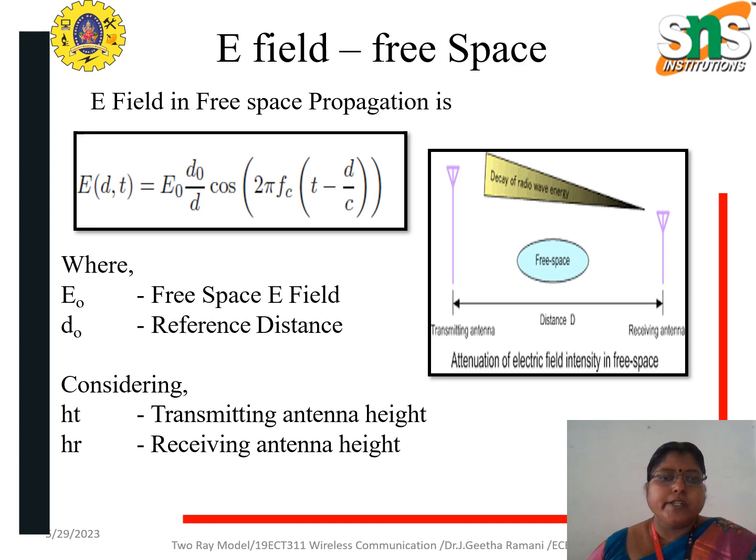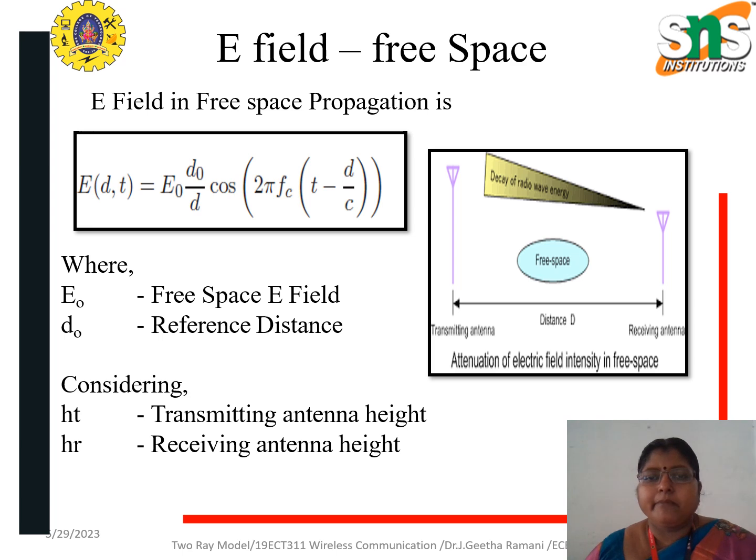In this equation, E naught is the free space electric field strength, d is the separation distance between your transmitter and the receiver, whereas d naught is the reference distance that we consider for the calculation. HT and HR are considered for framing this equation, where HT is the transmitting antenna height and HR is the receiving antenna height.